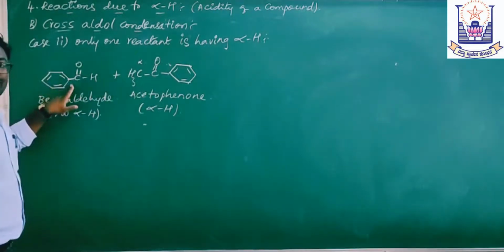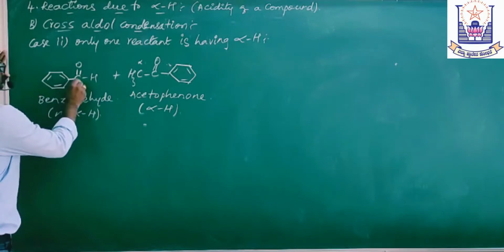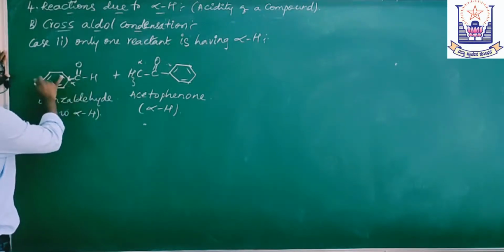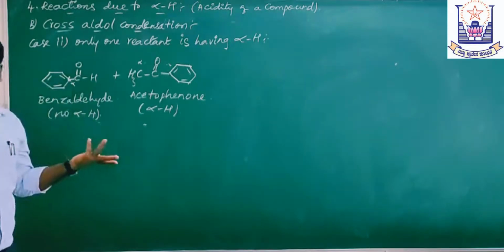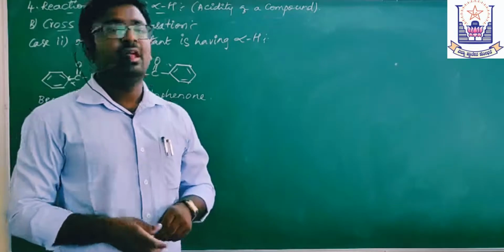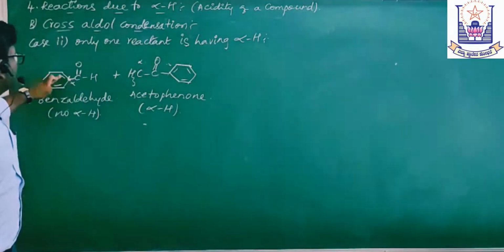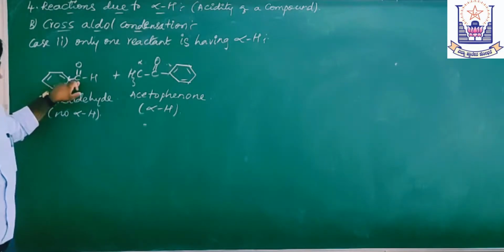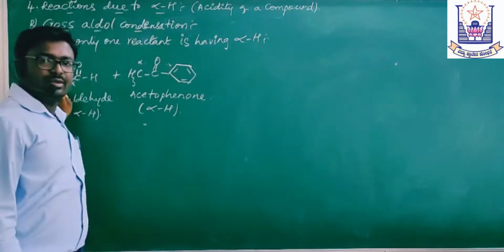Here there is no alpha hydrogen, because this carbon is already having 4 bonds. Now there is no hydrogen, so therefore no alpha hydrogen. The double bond is connected to this carbon, the single bond is connected to this carbon, here also carbon. No hydrogen on the alpha carbon.